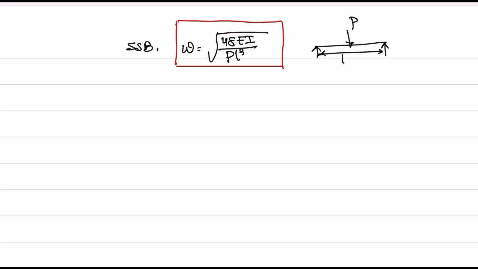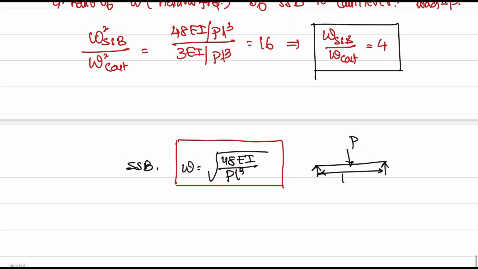In a simply supported beam, the load is at the center of the beam. In a cantilever beam, the load is at the free end of the beam. The cross sections are the same. When EI is same, length is same, load is same, the omegas are in the ratio of 4:1.